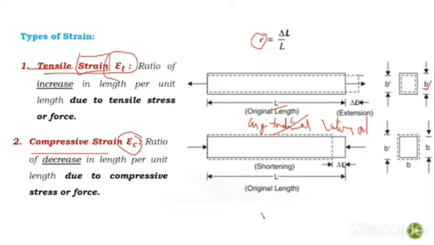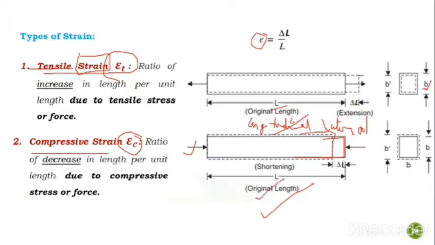And the complete opposite is seen in this second figure, in the compressive strain. When a compressive force is applied over here, as you can see, this dotted line is the initial shape, and after applying force it has been shortened.